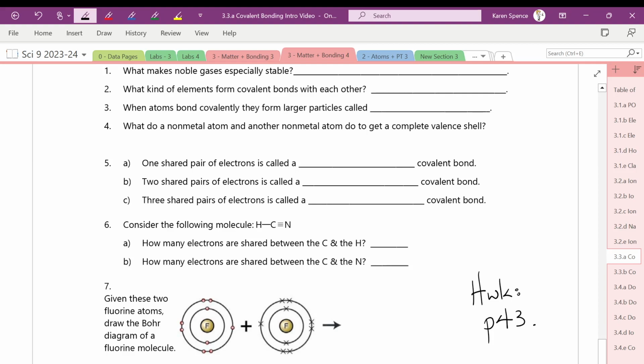Okay, so how many electrons are there in the C and the H? Single one with one shared there. One electron. So how many lines are there?